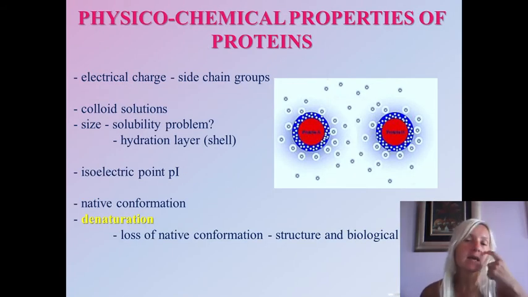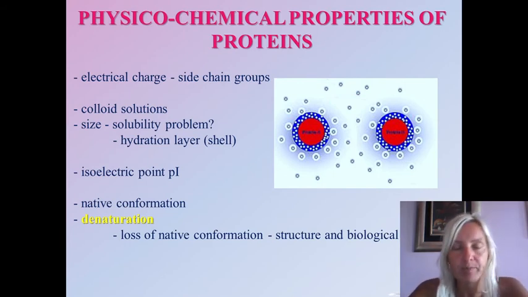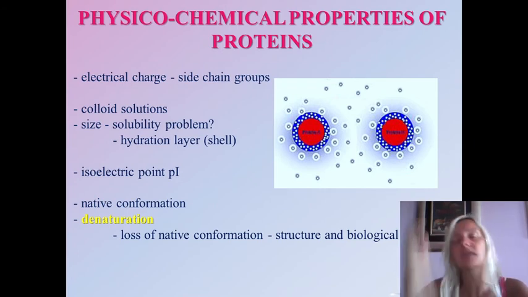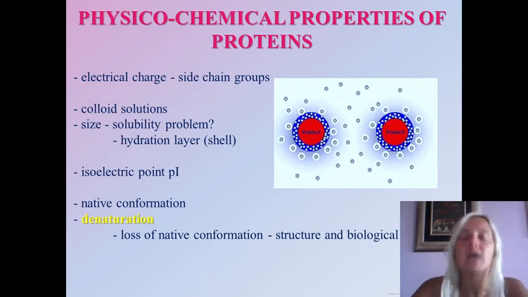Speaking of physicochemical properties of proteins, we can name a few. First, proteins are charged molecules, so they have a certain electrical charge, plus or minus, depending on the nature of the groups in the side chain. Due to a huge molecular mass, they tend to form colloid solutions, which you know are pretty unstable.